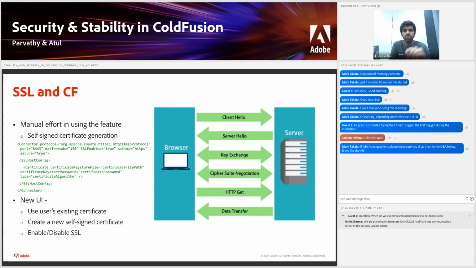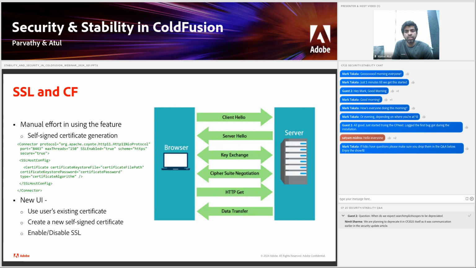provided. So making this task as minimal as possible, if we want the users to enable SSL with a minimal set of steps possible, for this we have provided a new UI. With this new UI, we give the users the ability to use an existing certificate, if they have any.